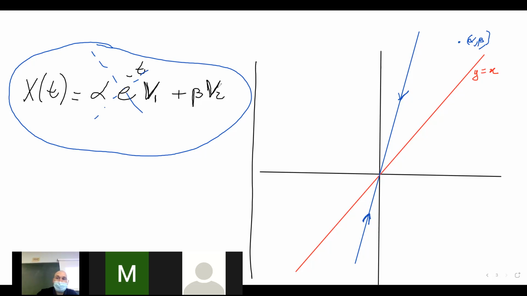As you can see, it will go parallel to this one. So it will go like that.